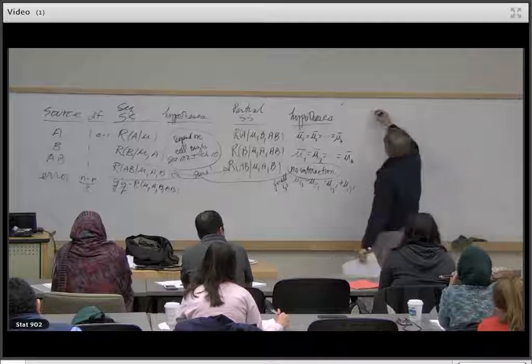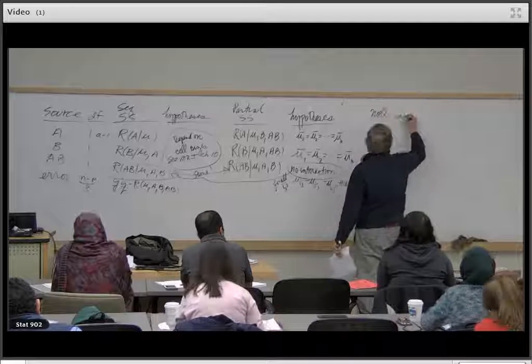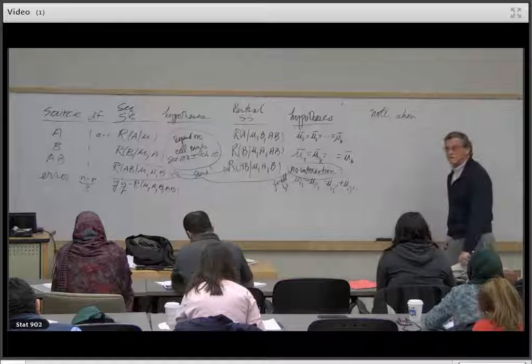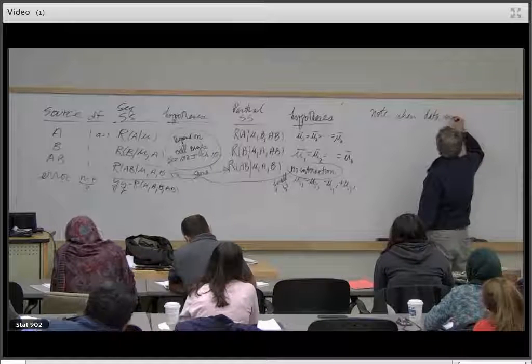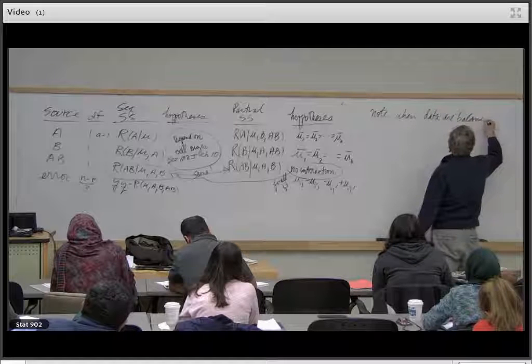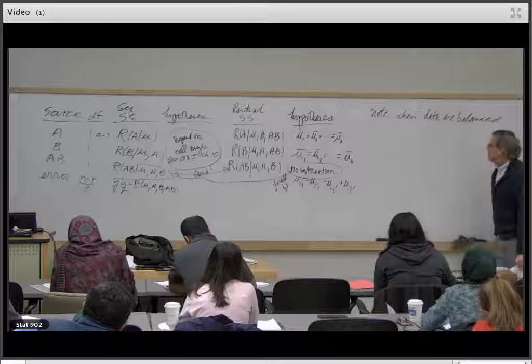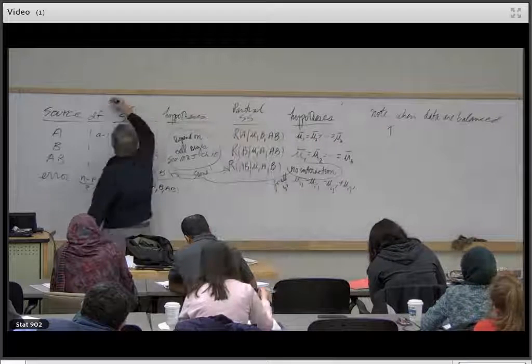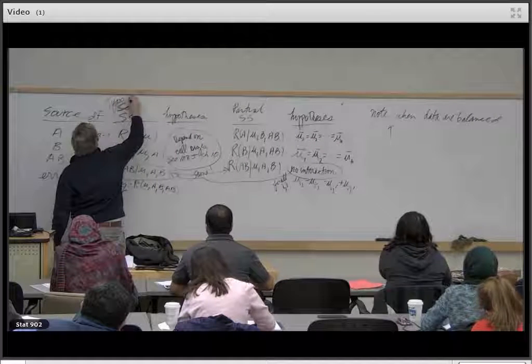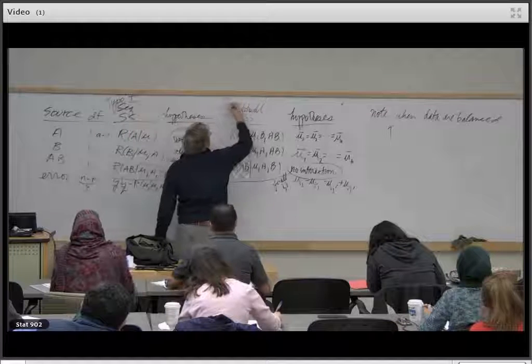So I'll say so in passing. Why do we want balanced designs? Well, when the data are balanced, from a data analysis point of view, the type 1 sums of squares, the sequential ones, are type 1, and these are type 3.